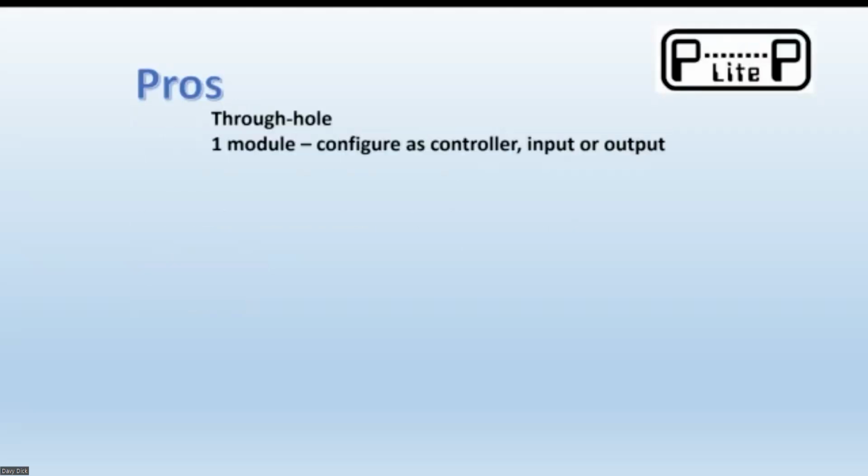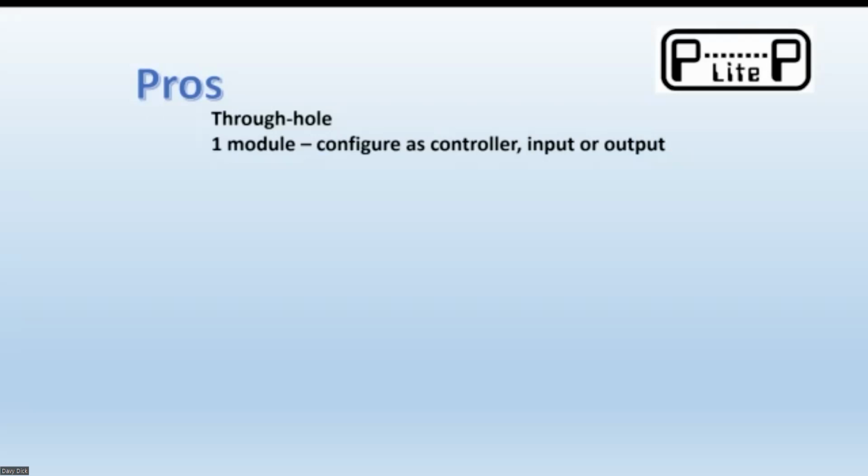So, what are the good points? Well, it's mostly through hole. As you saw, the address setter is surface mount. You only need one module type, which you can then configure the way you want it. You'd only set up one controller, of course, but you can set up multiple input or output modules.